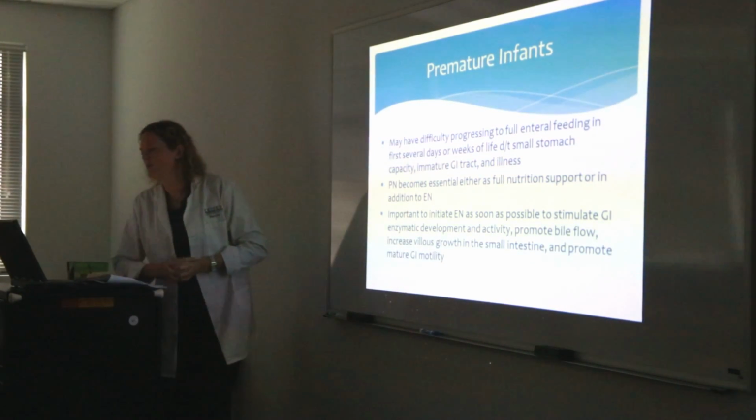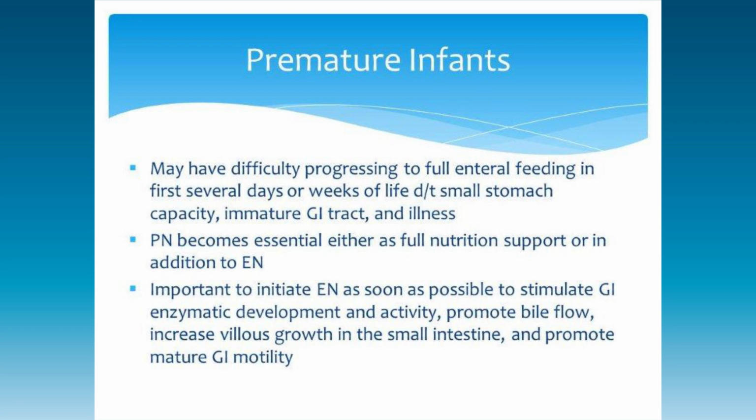Okay, so they may have difficulty progressing to full enteral feeding in the first several days or weeks because they have, remember, that really small stomach capacity. They have an immature GI tract, and then whatever of those illnesses from that previous slide that they have going on. So a lot of times they have to be on parenteral nutrition just to meet their needs for a while until they can start tolerating a little bit of enteral.